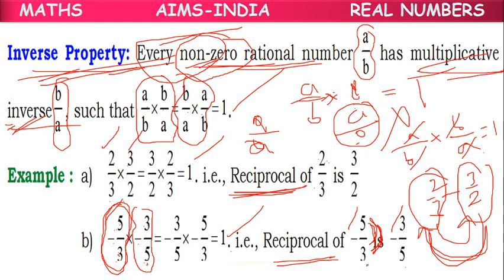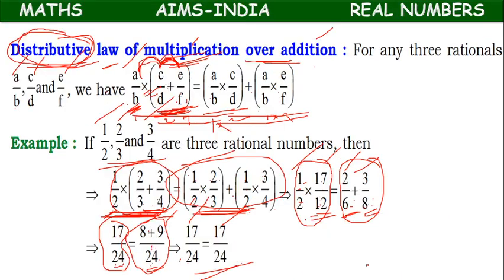But regarding multiplicative inverse, the sign of the rational number does not change. If rational number is negative, reciprocal also negative. If rational number is positive, reciprocal also positive. Only numerator and denominator will change. Distributive property means multiplication carried over addition.